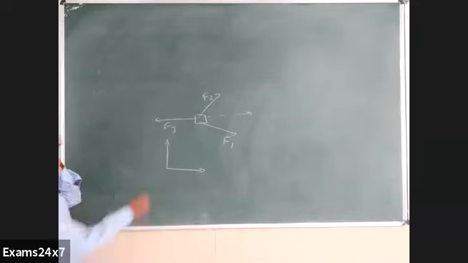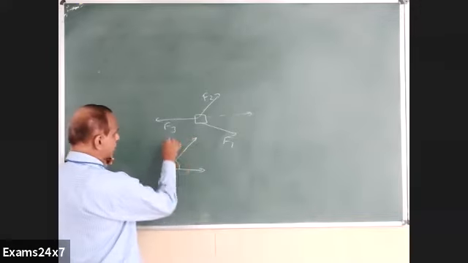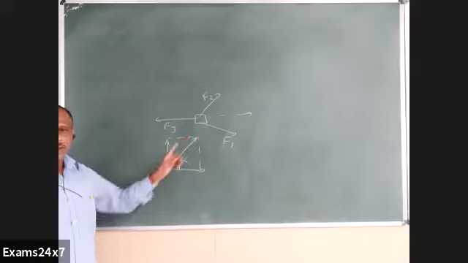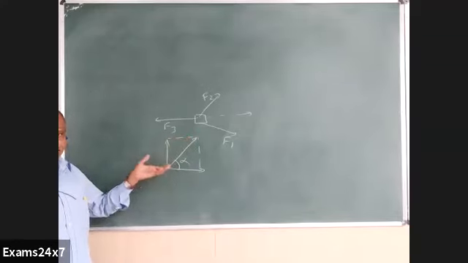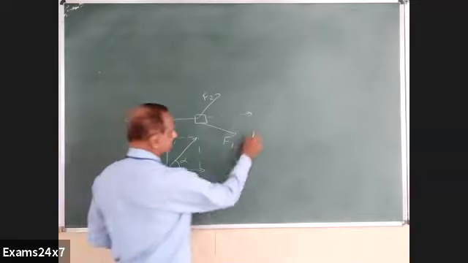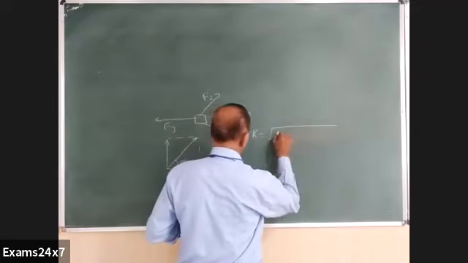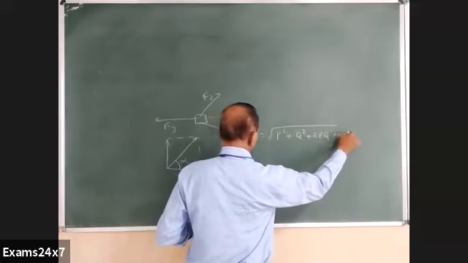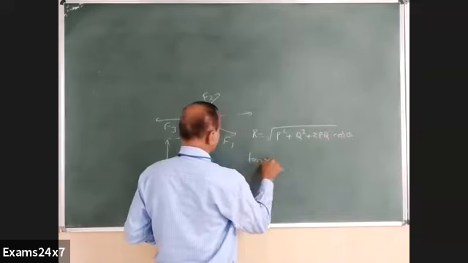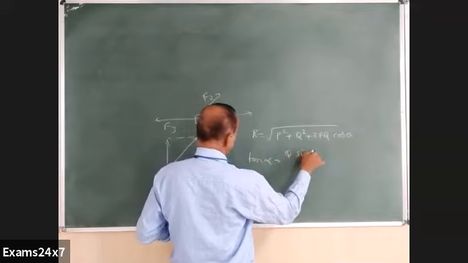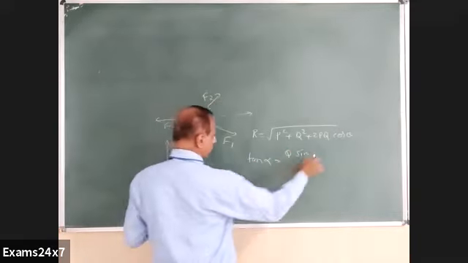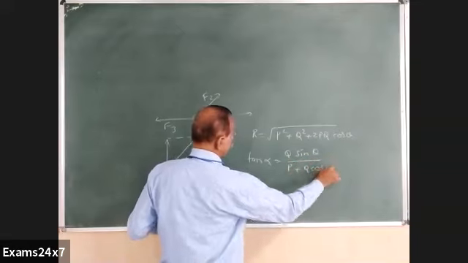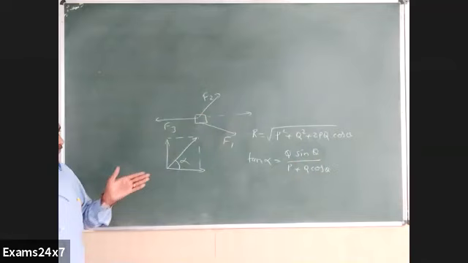So there is a particular angle along which the resultant is acting, as well as there is a particular value. So magnitude and direction, both we can get by that resultant formula we derived yesterday. R equal to root of P square plus Q square plus 2PQ cos theta, and tangent of angle made by the resultant with one of the forces or vectors given by Q sin theta upon P plus Q cos theta formula.